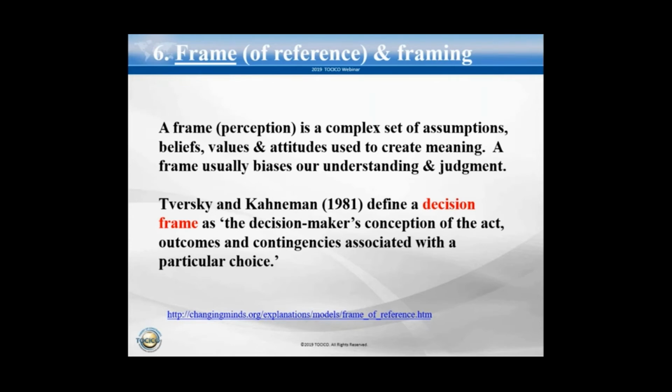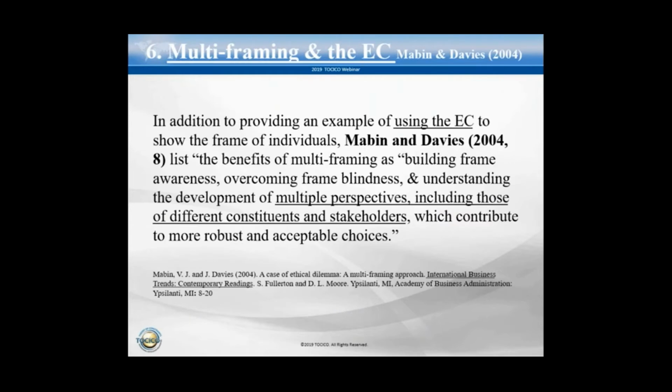Tversky and Kahneman in 1981 used the term decision frame, that being the decision maker's perception of the environment and making a decision. Mabin and Davies took this framing concept and used the evaporating cloud to frame a person or two people's perception of a conflict or a problem.